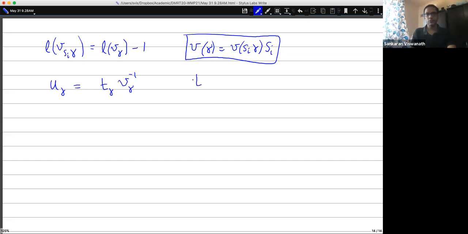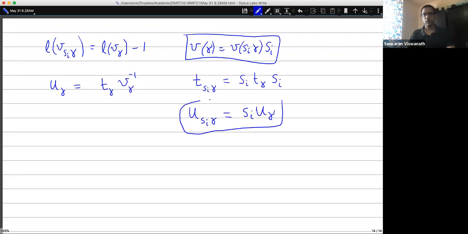It's also easy to see how the T's are related. T of s_i gamma will just be s_i T gamma s_i inverse. So I know how the V's and the T's are related, and from that I can figure out how the U's are related. Turns out U of s_i gamma, if you just use this relation, is going to give you an s_i in front. This is just a simple computation.